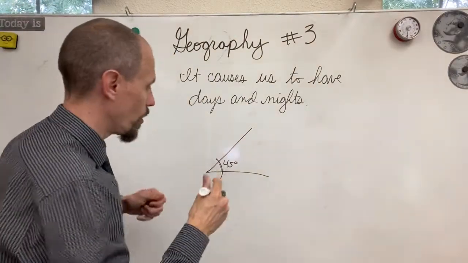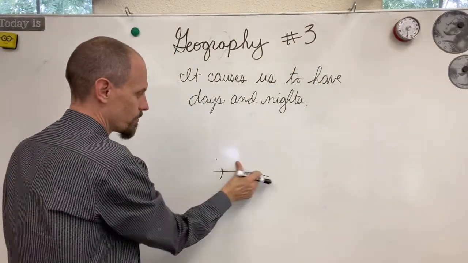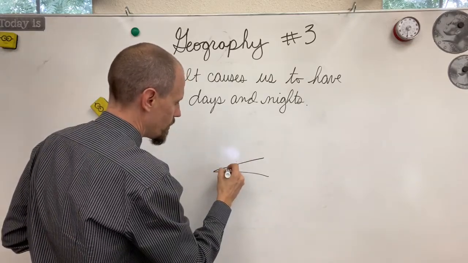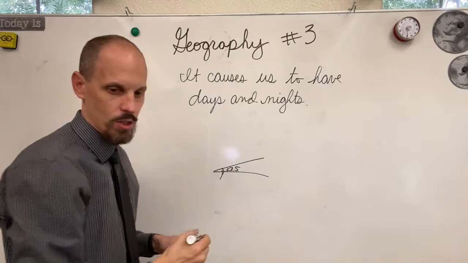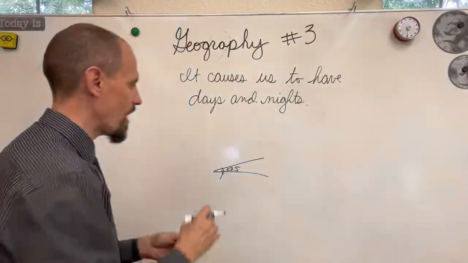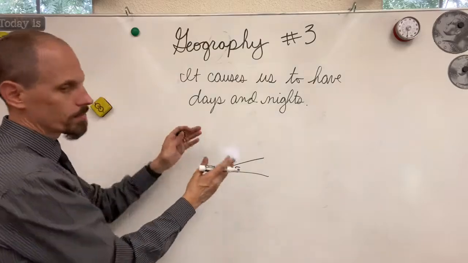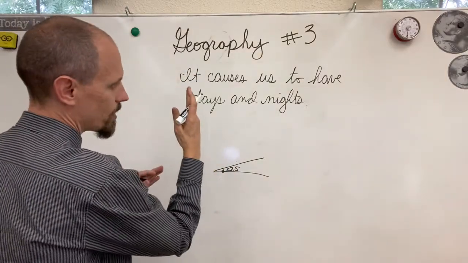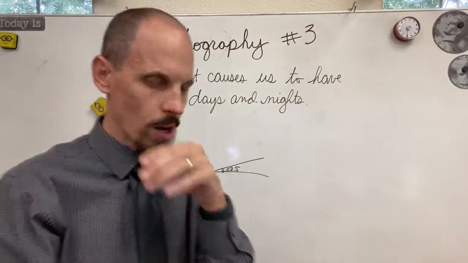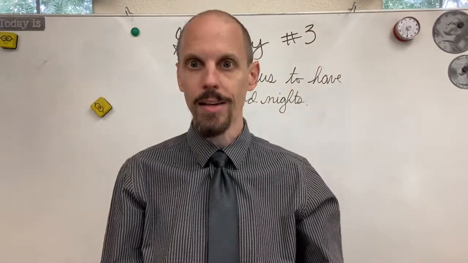Now the angle of the earth is even smaller than this. It's a 23.5 degree angle. So instead of being straight up and down, it's tilted a little bit. Does that make sense? So when we talk about angles, we're talking about degrees, not temperature.